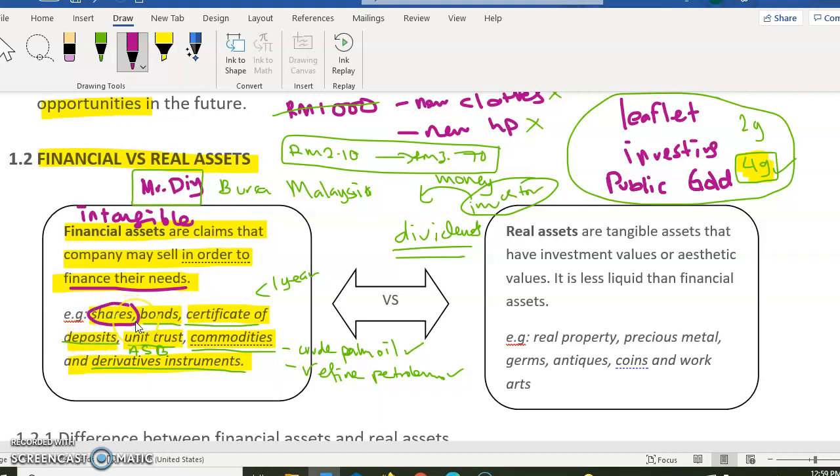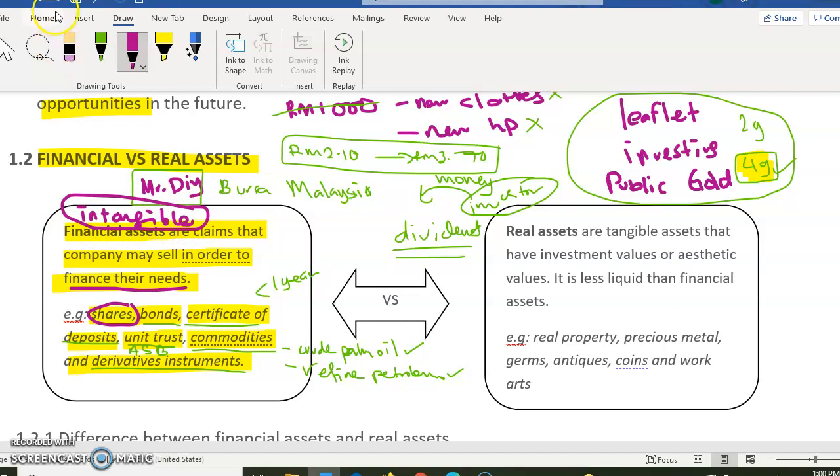If you are buying the share, your account will be debited. So your money will be used to buy the share, kan? So bila kita invest, normally kita boleh lihat dalam account kita duit tu dah tak ada, dah dibayar untuk membeli share tersebut. Sekiranya kita jual share tersebut, duit akan masuk balik ke dalam account kita. So these financial assets are more intangible.